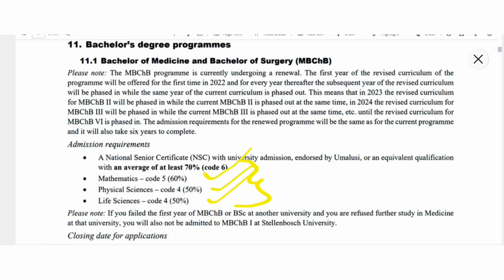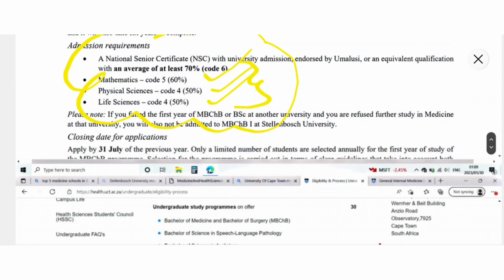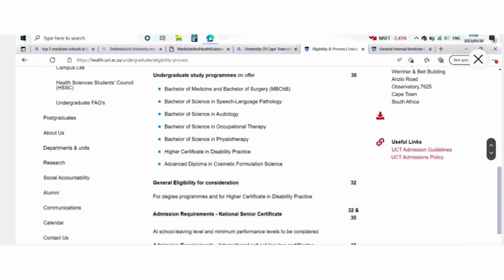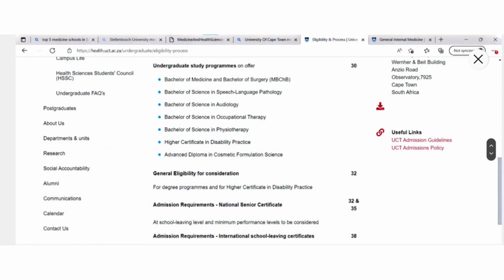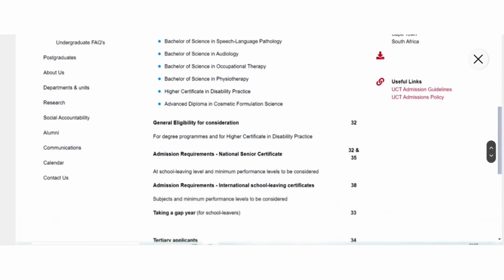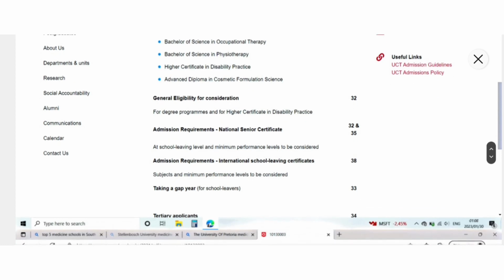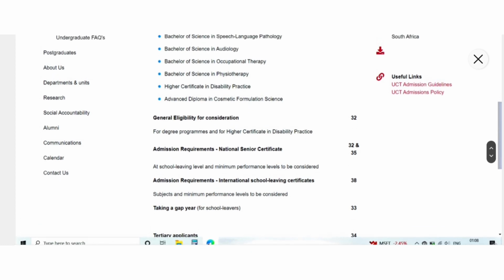And now we have done our research for university number 1, so we move on to university number 2, which was UCT. UCT had different requirements for different individuals: persons taking a gap year, people from international schools who have international school leaving certificates, and then the National Senior Certificate.